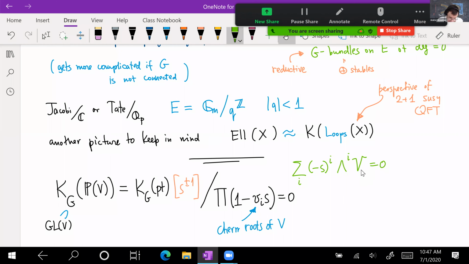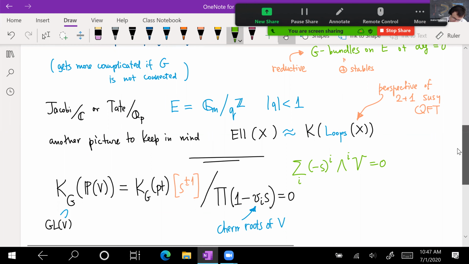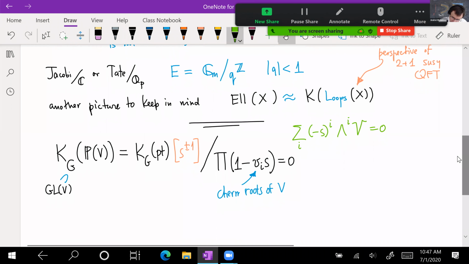Under the action of G, this V will split into some reducible representation. For example, if it's a maximal torus, it will just split into eigenvalues, like the splitting of V restricted to the maximal torus. And so this means that your G-equivariant K-theory of projective space, what does it look like?